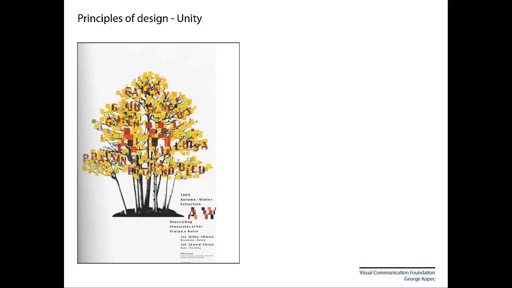This is, I think, a poster for an art show, and there's figure ground, of course. You maybe can't see it on the screen, but this is the logo of the company. This was a fashion show.